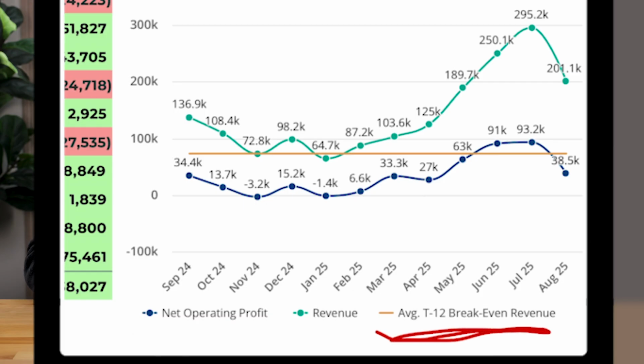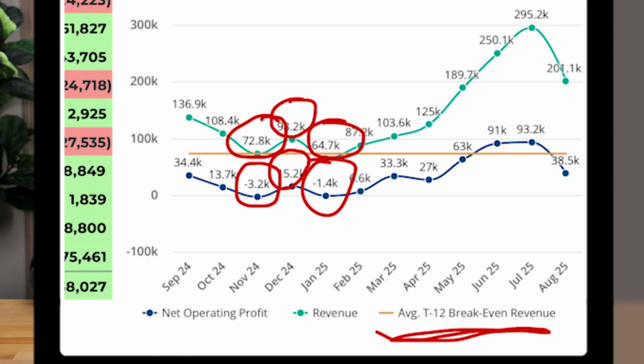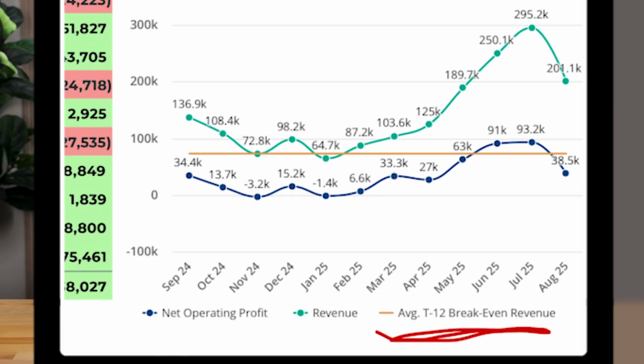And we can see that anytime our revenue dips beneath that break even line, our earnings are red. And then once we pop back over that break-even line, our earnings are positive. Again, we break through that break-even line, our earnings are red. So it's a great way for us to understand what our break-even is and the impact of that when we break beneath that break-even line, showing that we have negative earnings during those periods.